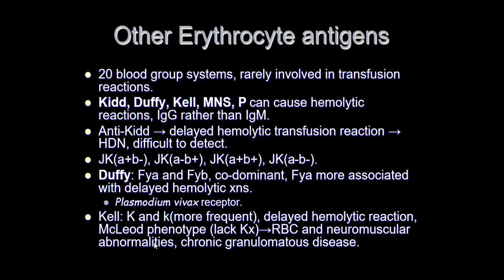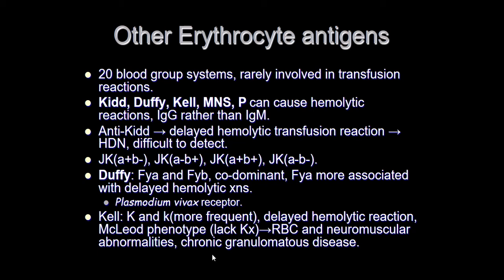We have the McLeod, also minor blood group, phenotype. Here, if the patient lacks that Kx, for example, small x on the surface of red blood cells, it could be associated with neuromuscular abnormalities in those patients.